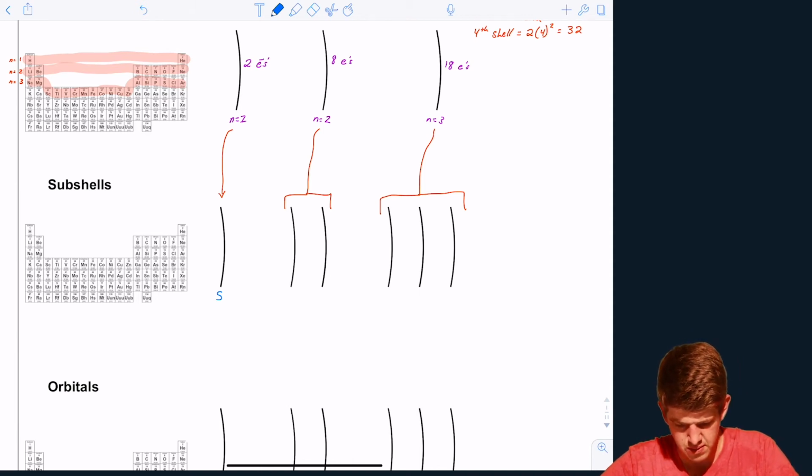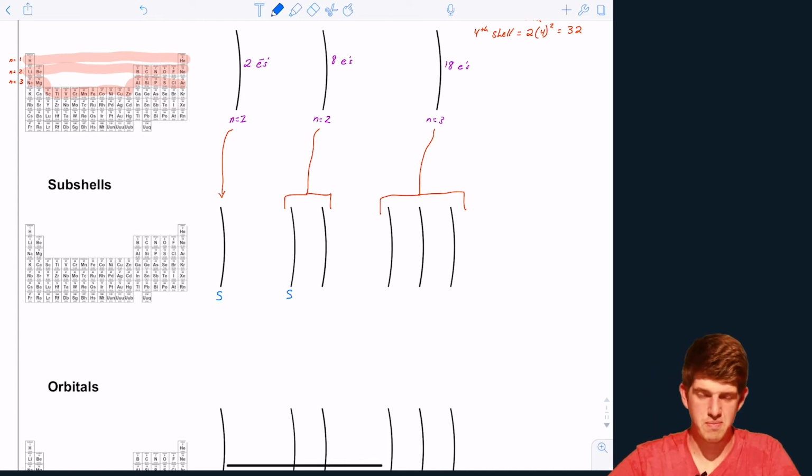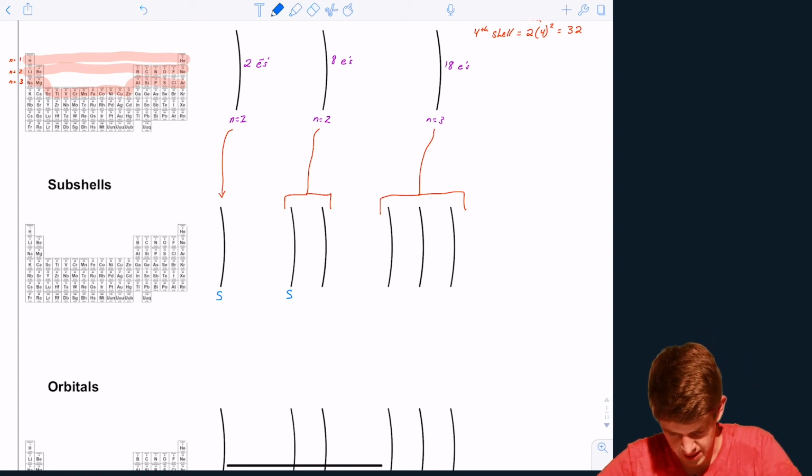For n equals 2, the first one is still going to be called an S subshell, but instead of being the 1s subshell for the first row, this is now the 2s subshell. And then we also have a new contender here, which is the P subshell.